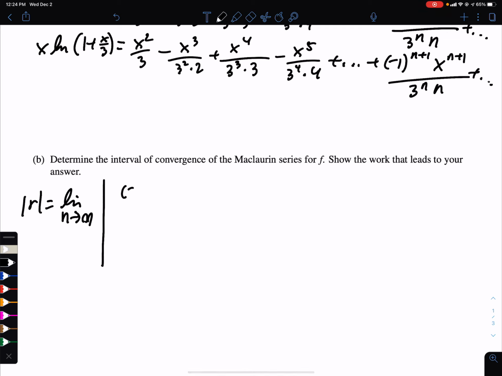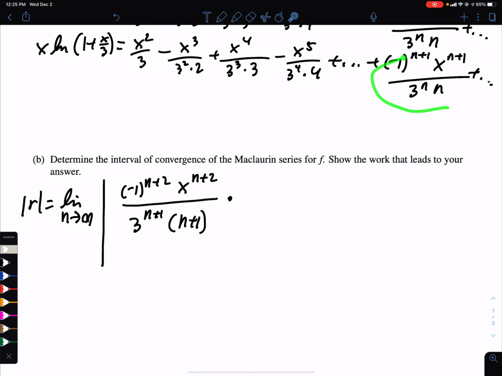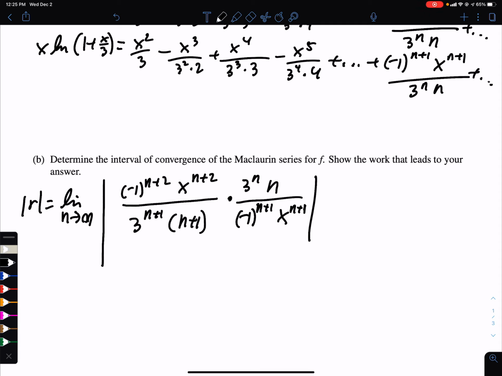So we're going to have negative 1 to the n plus 2, x to the n plus 2 over 3 to the n plus 1 times n plus 1 times, now we're actually dividing by this, which is multiplying by the reciprocal. So we're going to flip that over and multiply. It's absolute convergence, so that's what we're testing for.